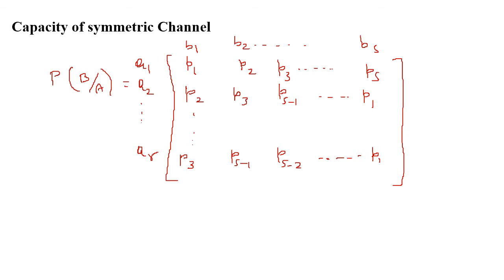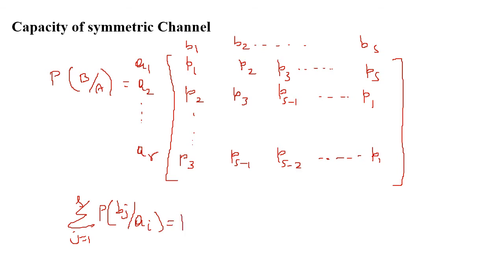Now, by the property of conditional probability, the sum of the elements of each row of the conditional probability matrix should be equal to 1. So the summation over j equal to 1 to S of P of bj by ai should be equal to 1.